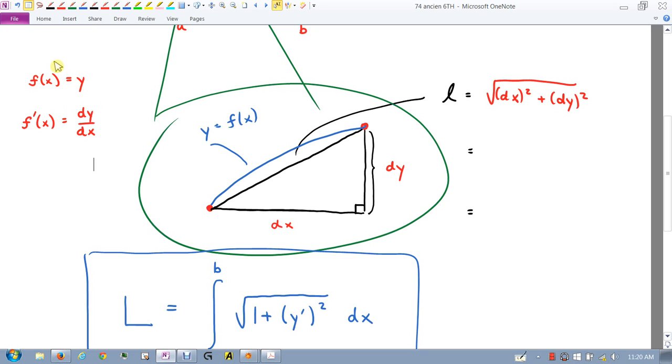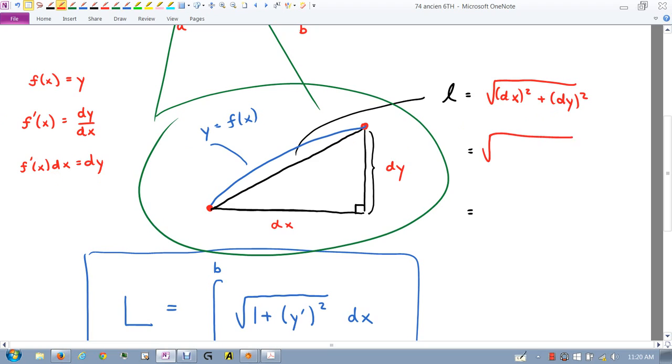Now, if I solve this for dy, then I have f prime of x dx equals dy. So the differential dy is equal to f prime of x times the differential of x. And I'm going to replace that dy right there with this differential. And just watch what happens.